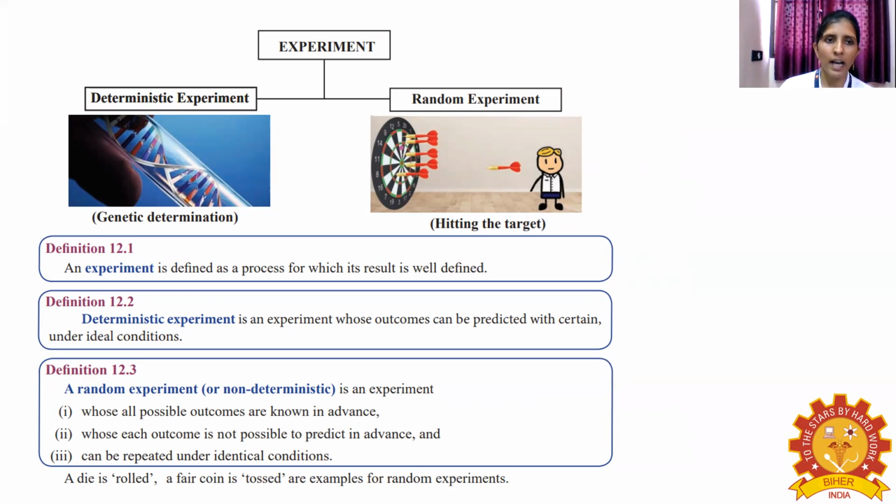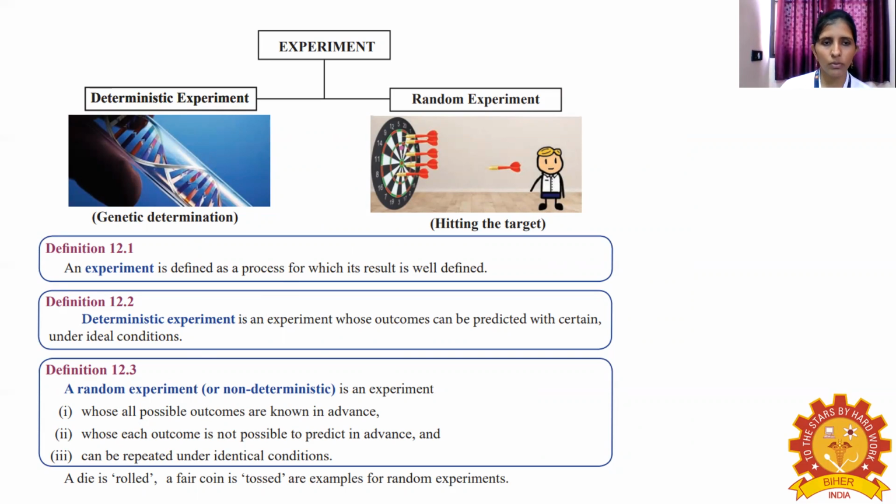An experiment is defined as a process for which its result is well defined, and a deterministic experiment is an experiment whose outcomes can be predicted with certainty under ideal conditions. And a random experiment is an experiment whose all possible outcomes are known in advance.